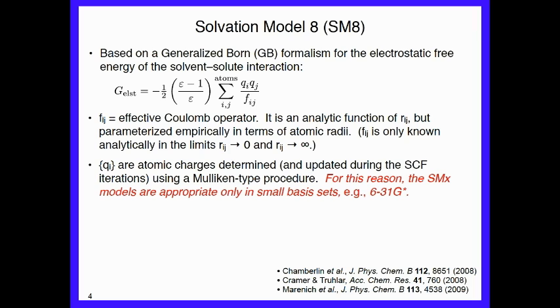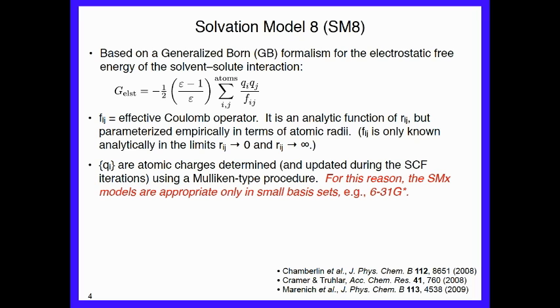susceptible to some of the well-known problems experienced by Mulliken charges when one tries to use extended basis sets. So computing Mulliken charges in extended basis sets is generally not a good idea, and for this reason, the Cramer-Truhlar SMx models are parameterized only for relatively small basis sets, things on the order of 6-31G*, where the Mulliken charges or the CM4 charges tend to be fairly stable.